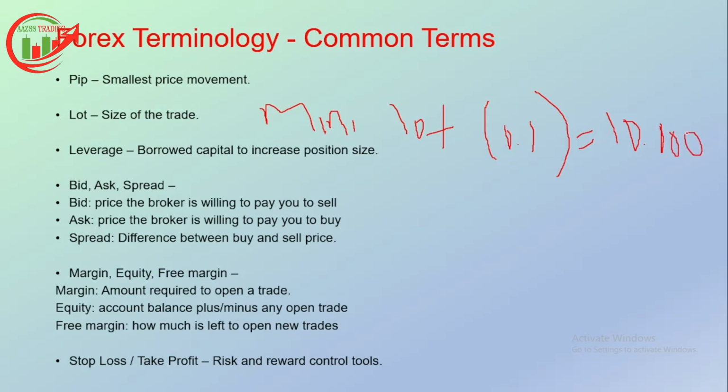Apologies for this. So a mini lot, which is 0.1, is 10,000 units of the currency. Micro lots are the same thing, 0.01, which is 1,000 units.